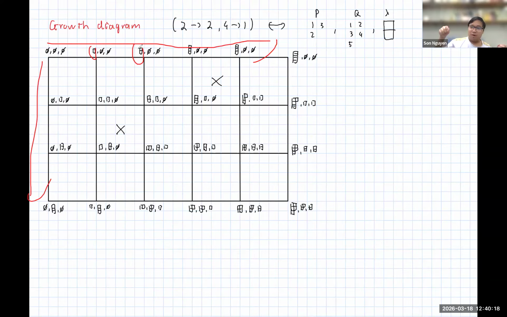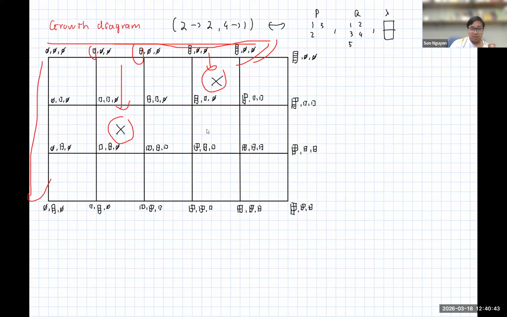The only Jordan form I get is 1, 1, 1, 1, 1. So my top row and my leftmost column is fixed. And I put the axis in according to my partial permutation. So 2 goes to 2 and 4 goes to 1.